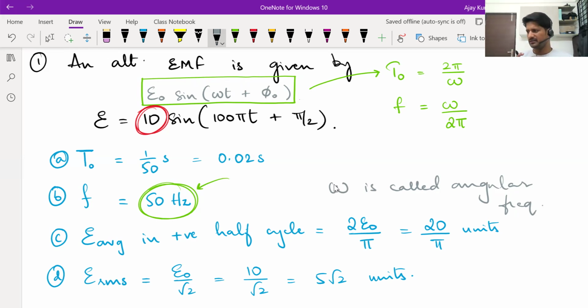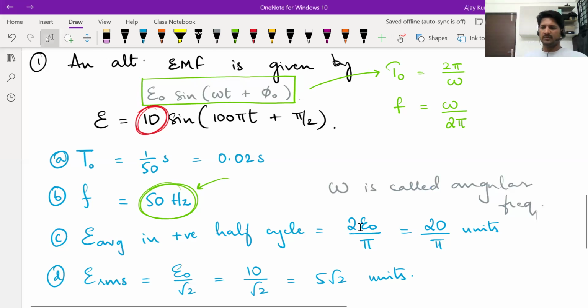And in 12th class, I think this is the first case where you come across this. And next you will have electromagnetic wave equation. In that also omega will be there. And after that, that's all. I think after that you won't use omega anymore. So basically in oscillating functions, that omega value is called angular frequency.